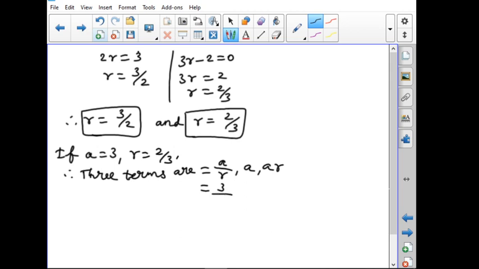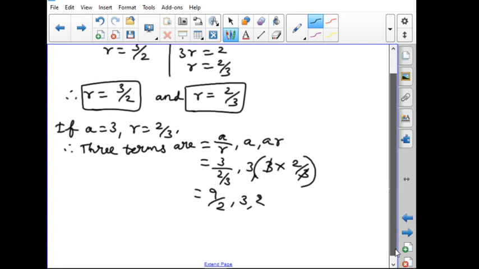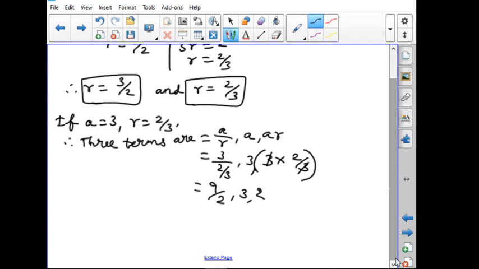R is 2 by 3, so 3 by 2 by 3, comma A will be 3, and A into R means 3 into 2 by 3. Here the 3s will be cancelled. So the remaining is 9 by 2, comma 3, comma 2. The first one we get is 9 by 2, comma 3, comma 2.